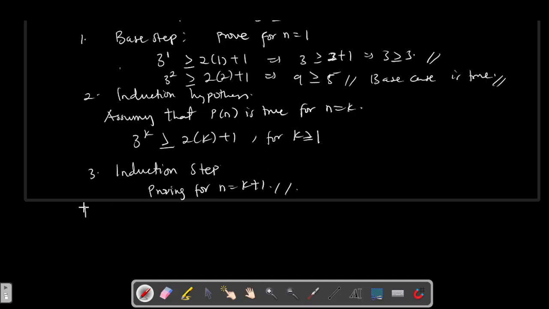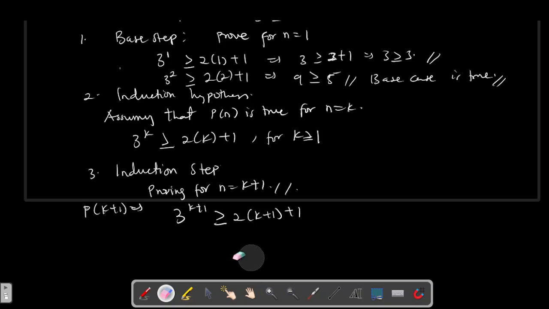You know that the statement P(k plus 1) maps to 3 to the power k plus 1 is greater than or equal to 2 multiplying k plus 1, plus 1, right? For now, stating n equals k plus 1 is really not necessary here, but we can put down that condition.